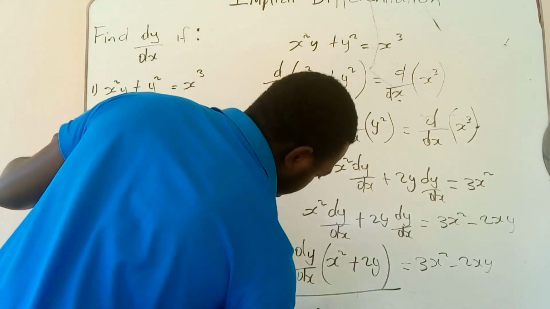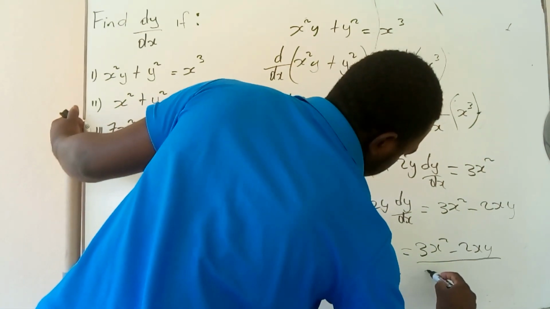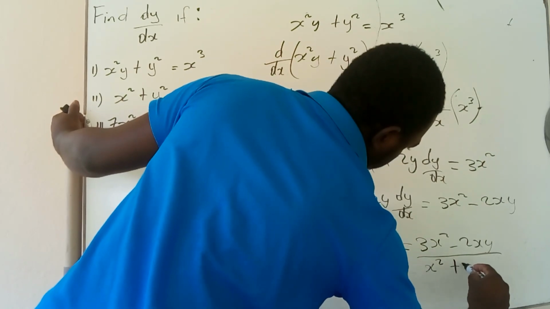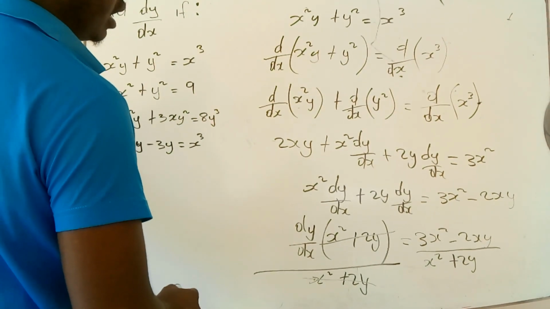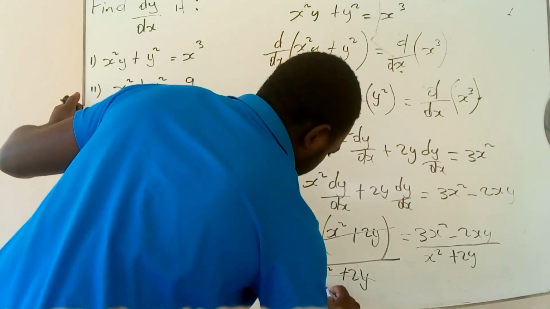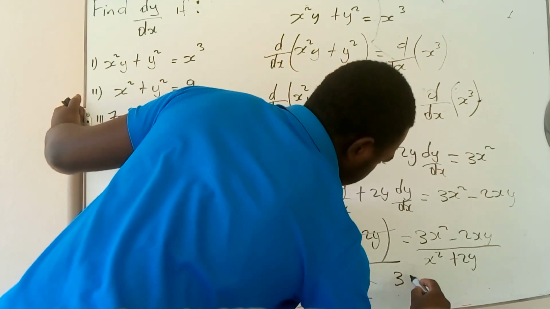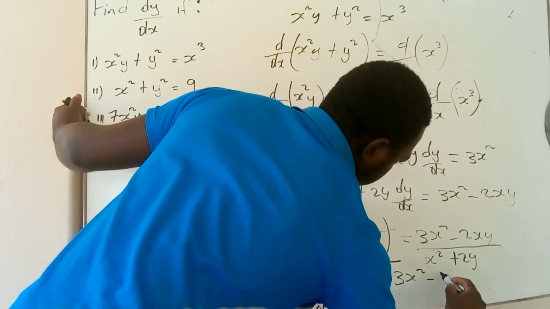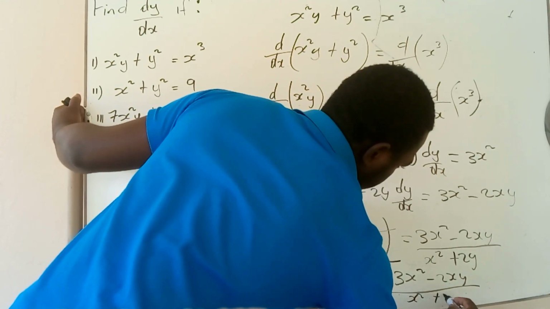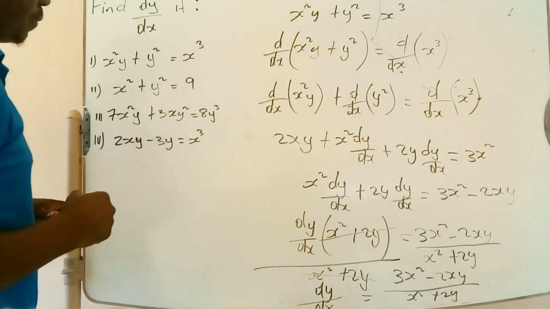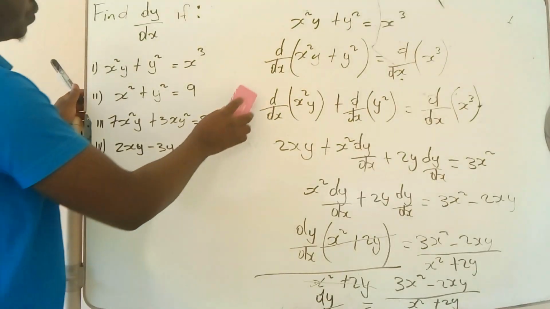So if I divide both sides by x squared plus 2y, then x squared plus 2y cancels out. So dy by dx is just equal to 3x squared minus 2xy, all of that divided by x squared plus 2y. And that's it.